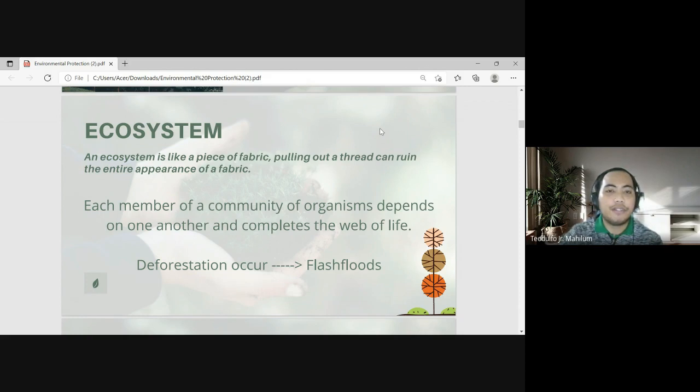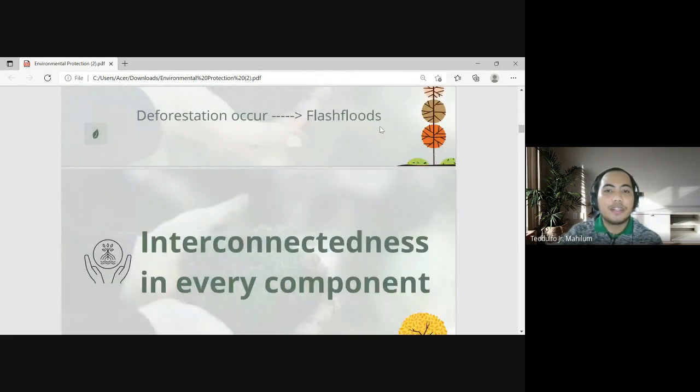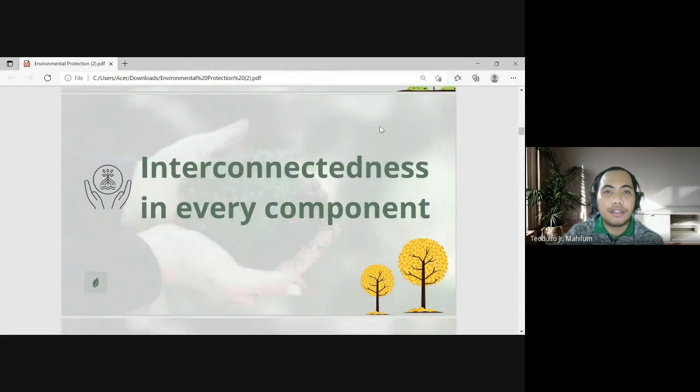For example, if you happen to witness deforestation, it will somehow result in flash floods. In an ecosystem there is what we call interconnectedness in every component.